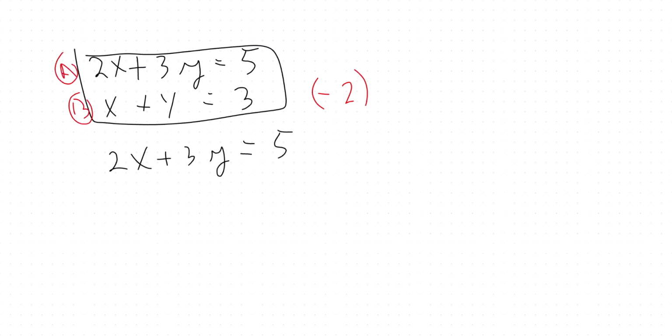So this is going to be minus 2x minus 2y, and that's going to be equal to minus 6.